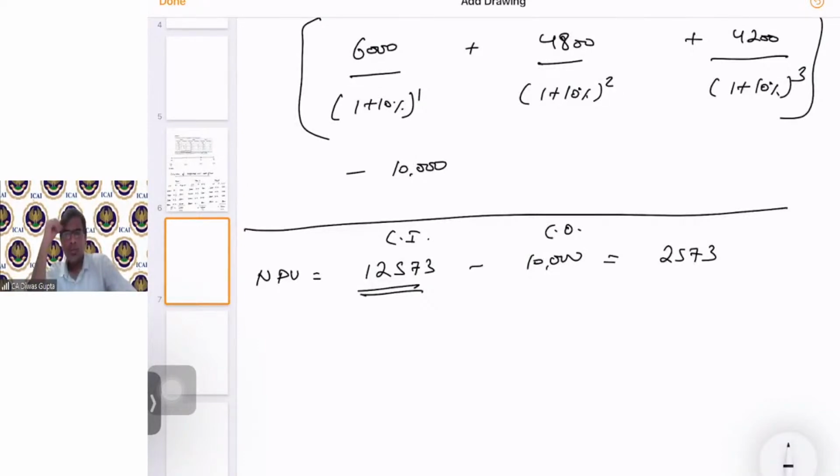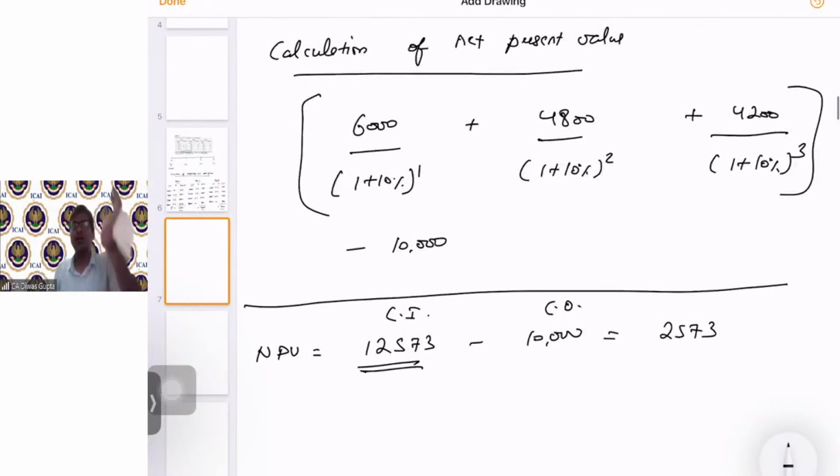Okay, Sudhanshu, I hope that got corrected. Bhumika, perfect. Shubham, yes, correct. Thank you, Shubham.